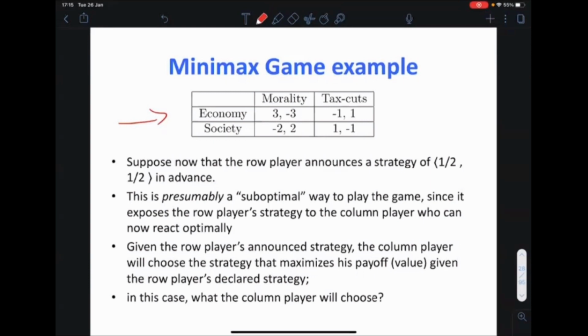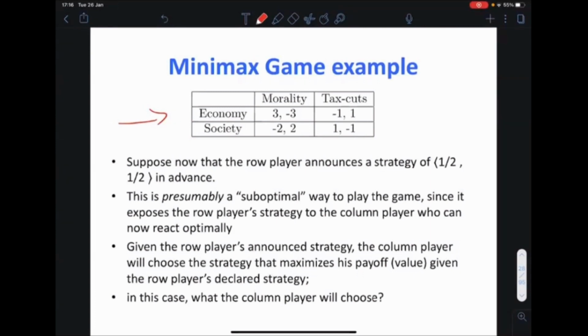In the Cournot case, player 2, although starting second, is effectively the leader, because player 1 starts first and player 2 knows player 1's strategy, so they actually get more information. In other words, player 1 has already revealed their strategy. So this is presumably suboptimal, but actually in the zero-sum case, it's not. So we'll see what happens.